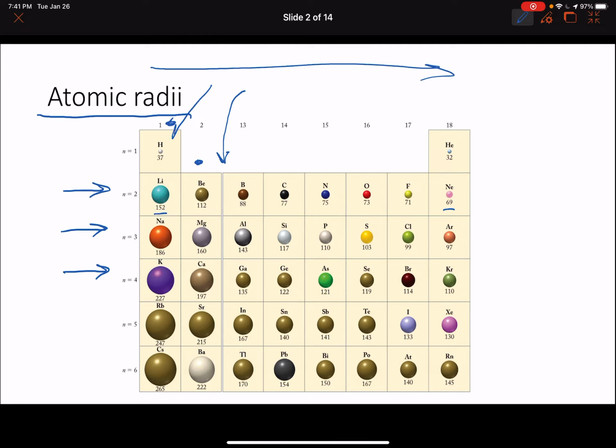walking from alkali metals all the way to the noble gases. So we want to rationalize this based on this idea for effective nuclear charge, and also consider what happens as we go down a column. And we see here that as we go down a column, the n value is increasing. The n value here is indicating where the valence electrons are.